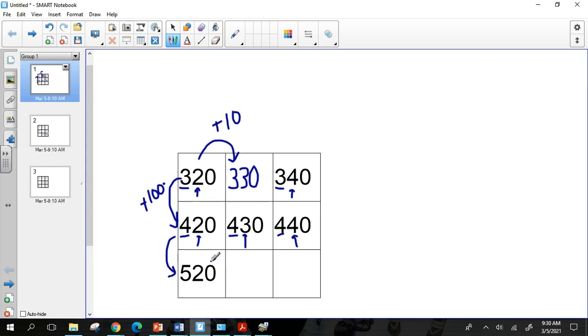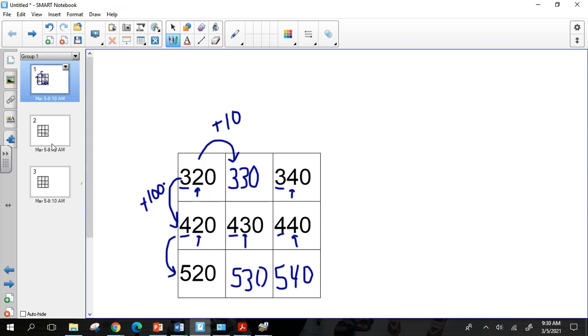I could do the same thing this way. So I can figure out my pattern across or down. 330, 430. What would this one be? 530. Let's see this one. 340, 440, 540. So I can figure my patterns out going across or down.